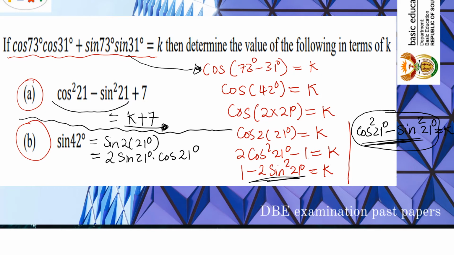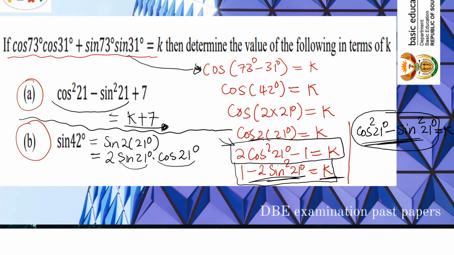Then we can actually solve for cos 21 degrees using this equation in terms of k, and from this other equation solve for sine 21 in terms of k.